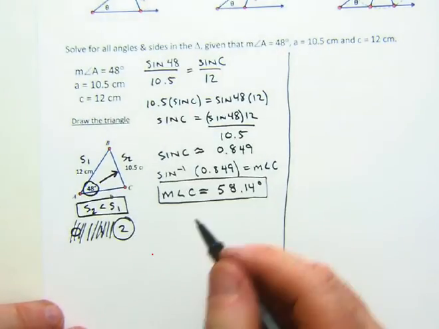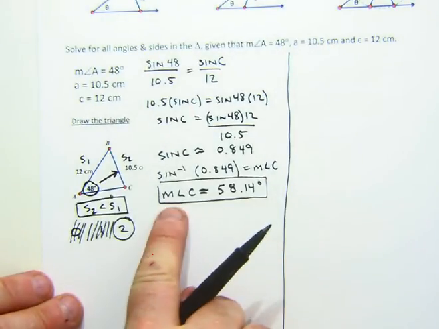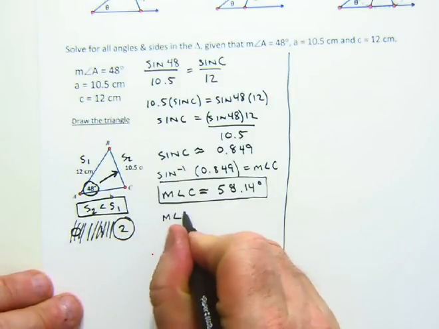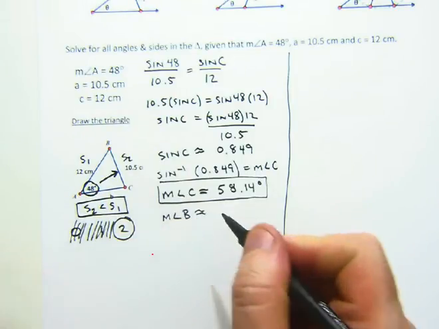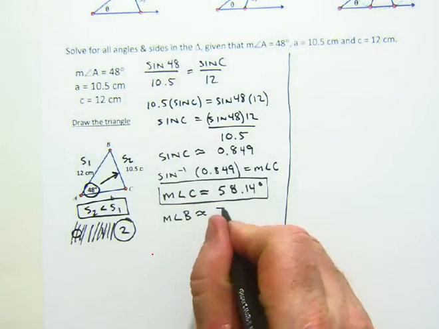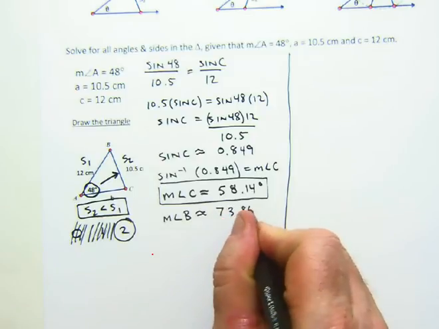Let's finish our triangle, or 1 triangle, sorry. So I have an angle, I have another angle. I can find angle B, and that would be 180 minus the 58.14 minus the 48. So I get 73.86.